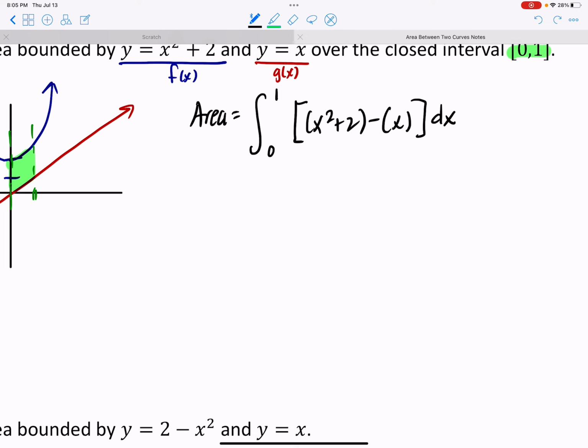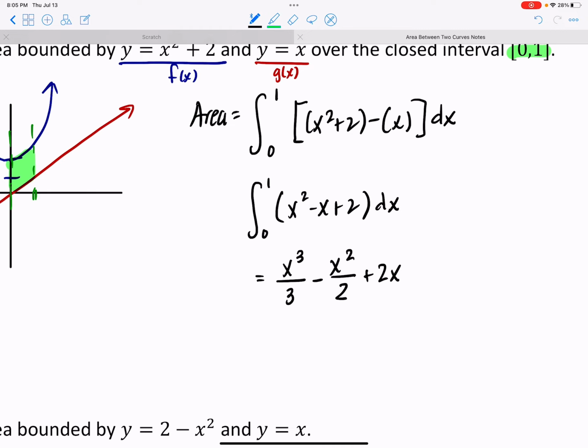So we're really trying to find the definite integral from 0 to 1 of, we're going to have an x squared, a negative x, and a positive 2, and this will be pretty easy to integrate. So we're going to be left with x cubed, just using our power rule, divided by 3, minus x squared divided by 2, plus 2x. Now I know there's a plus c here.